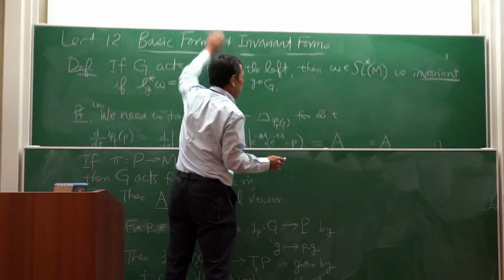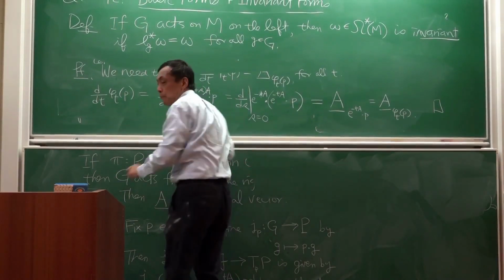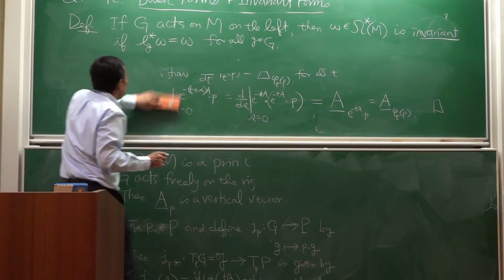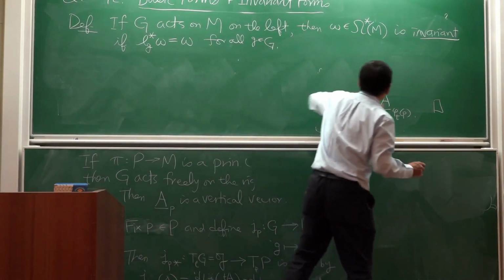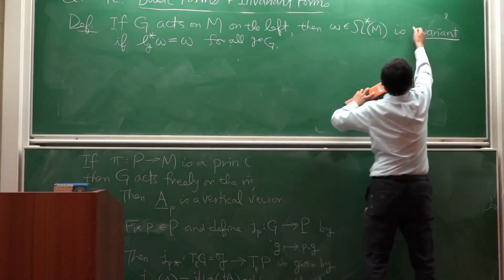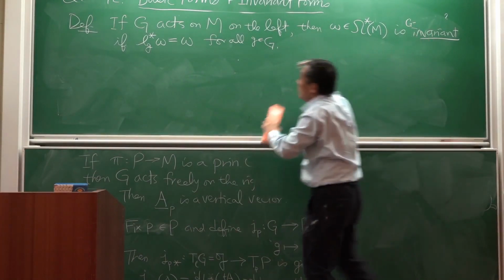And so what we can say is that a basic form is G invariant.